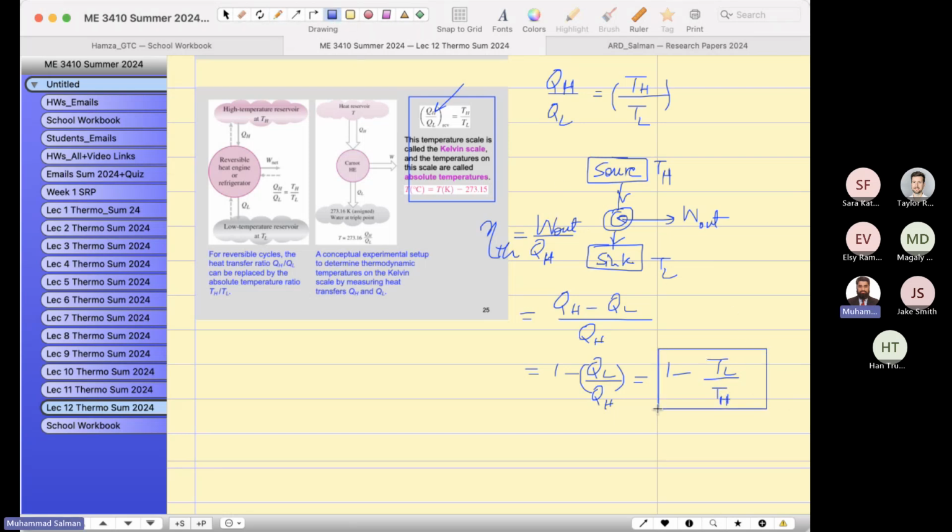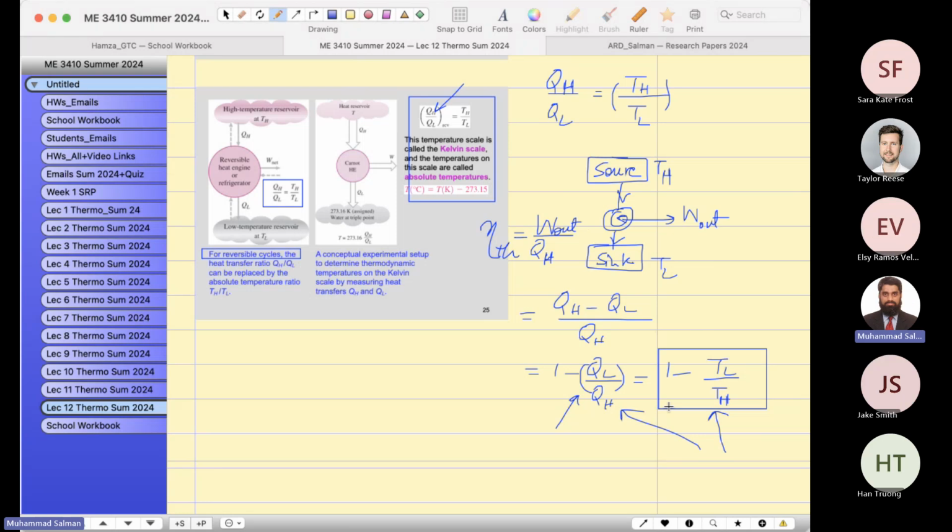Remember, you cannot do this for an irreversible engine. This is only for reversible cycles. For irreversible, you will use this formula. For reversible, you can use this formula or this formula. Both are correct for a reversible cycle engine.